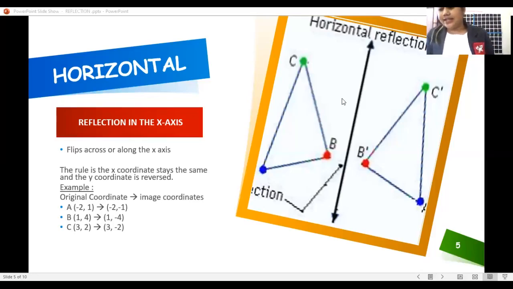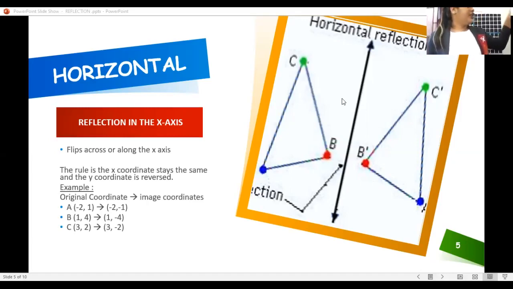So I punched at -2, 1, right? So we say the object there, yes, we give it a name. The object, that is the point you place, is -2, 1. All right, good. And our image, yes, the point that you are reflecting, right? You're going to get a new point when you open your paper to see where the hole is. So that there is going to be our image point.